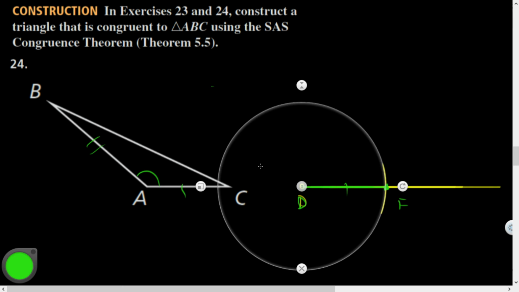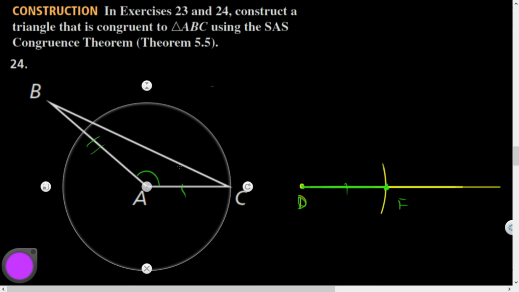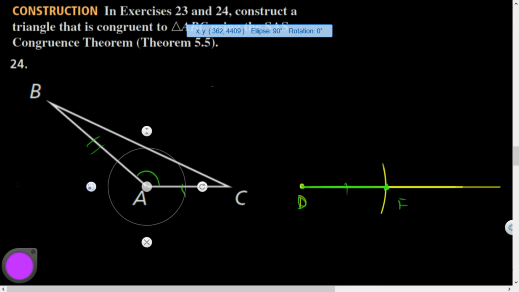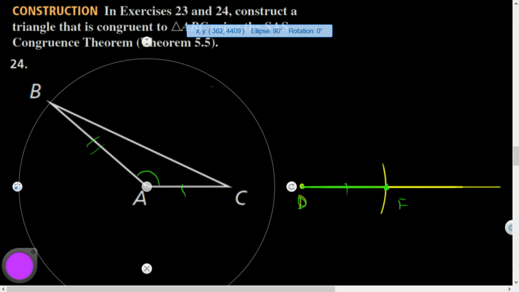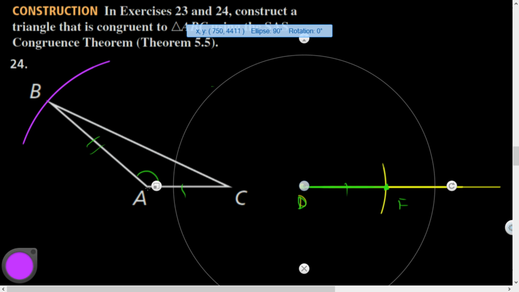Let's see if I can do that. This is the one where I'd probably just start making swipes and then see what makes sense here. So I would want... oh man, and it's obtuse. That's going to be annoying. And I can't fit it. There we go. I'm going to rotate this way. I've got this arc that I'm measuring out here. No, that's actually not going to do it.